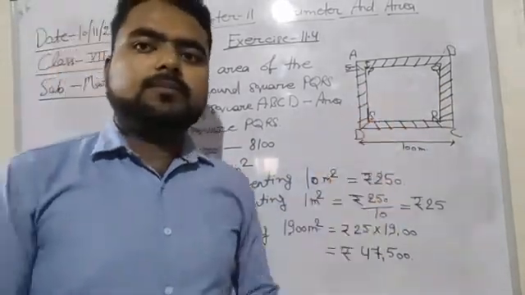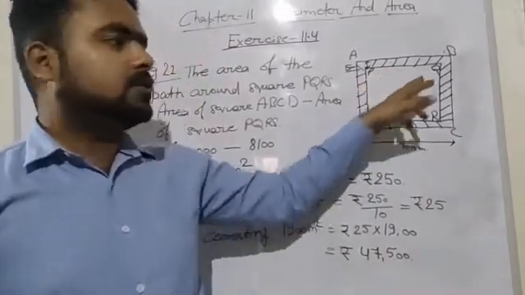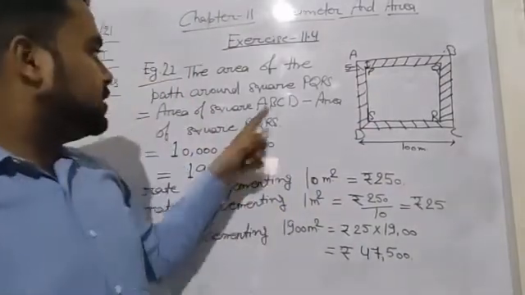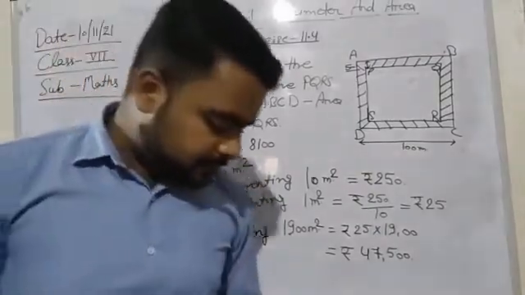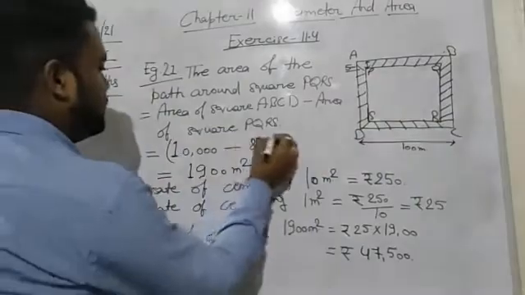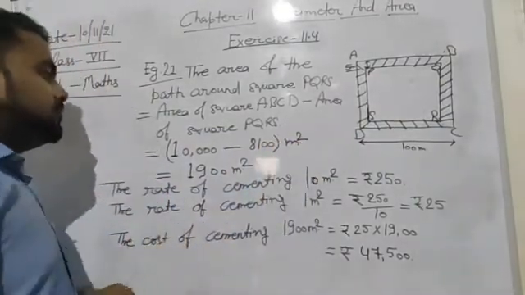Then we have the length of the side of square PQRS as 90 meter, and then we find the area of square PQRS. Then we have 90 meter, 8100 meter square as the area of the square PQRS.